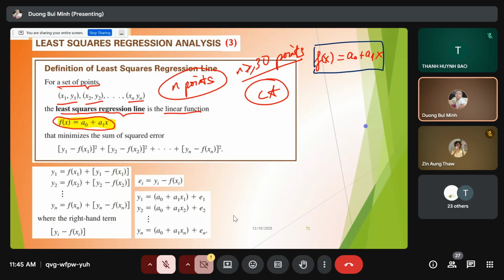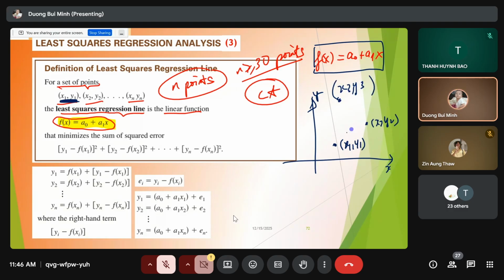Here we have many points, in two dimensions. We don't use x1 and x2, we just use x and y. So we have point 1 as x1, y1, point 2 as x2, y2, point 3 as x3, y3, and so on.